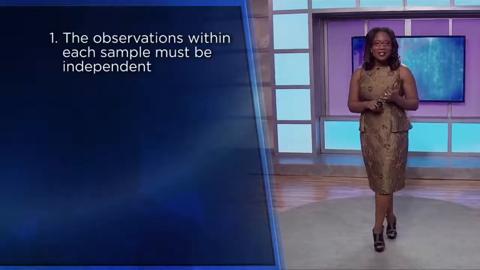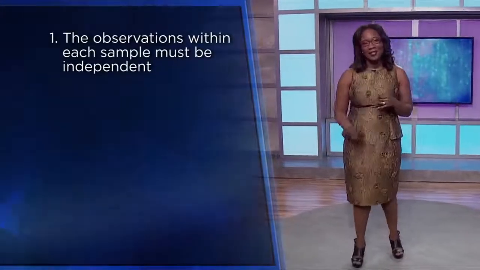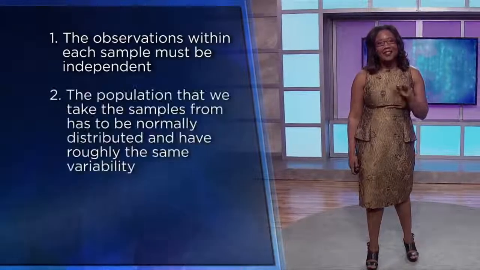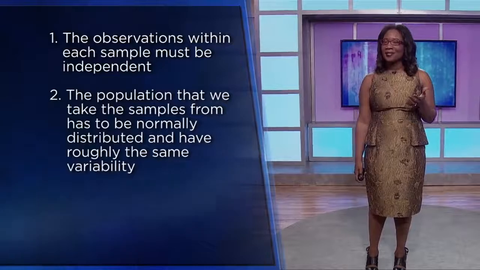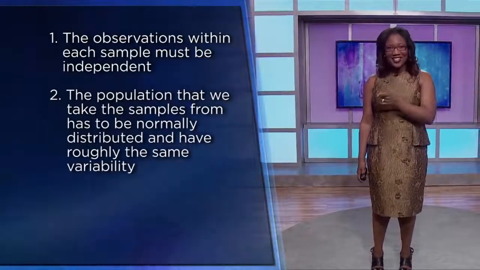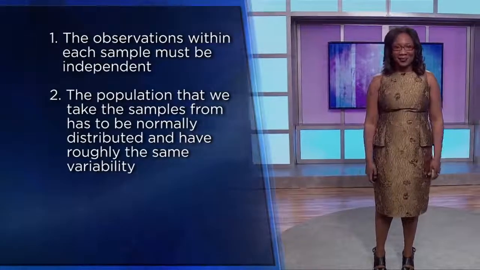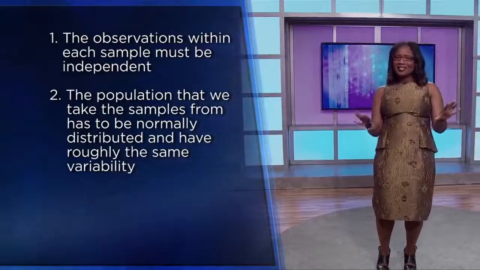Now, in fitting the ANOVA model, we more or less assume the same conditions as multiple linear regression. First, the observations within each sample have to be independent. Second, the population that we take the samples from has to be normally distributed and have roughly the same variability. Now, this is a big deal, right?